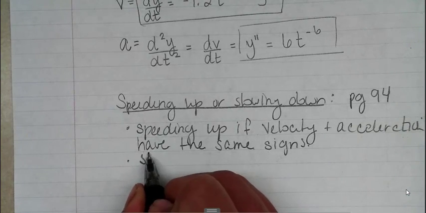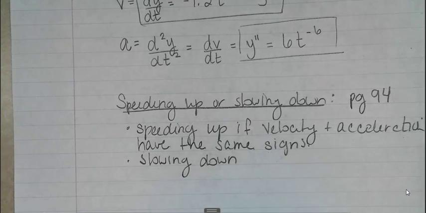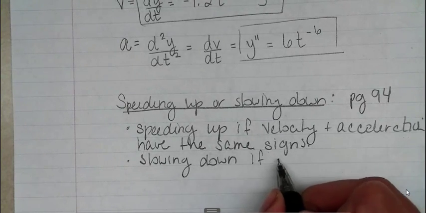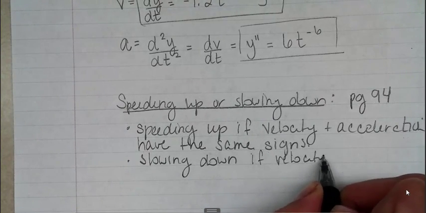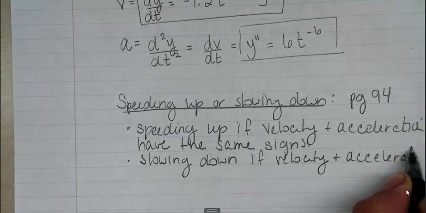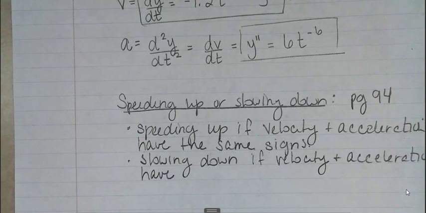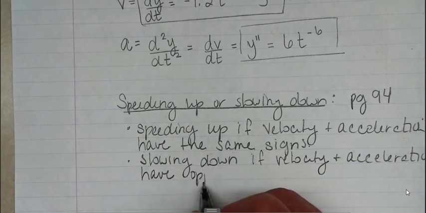You are slowing down if velocity and acceleration have opposite signs.